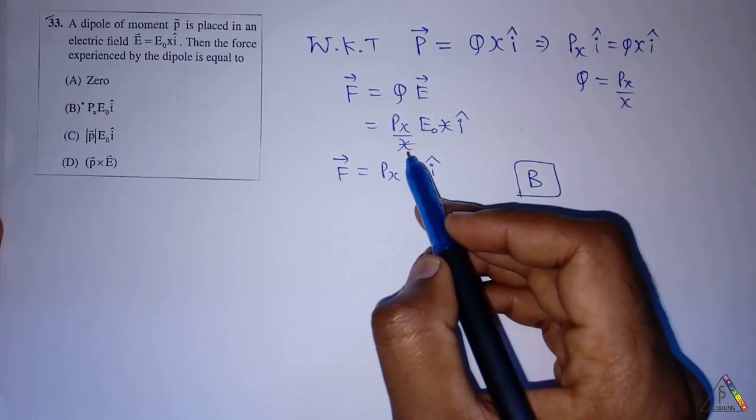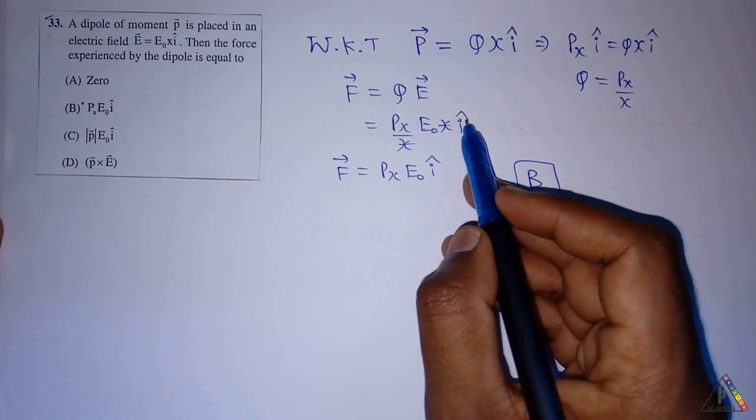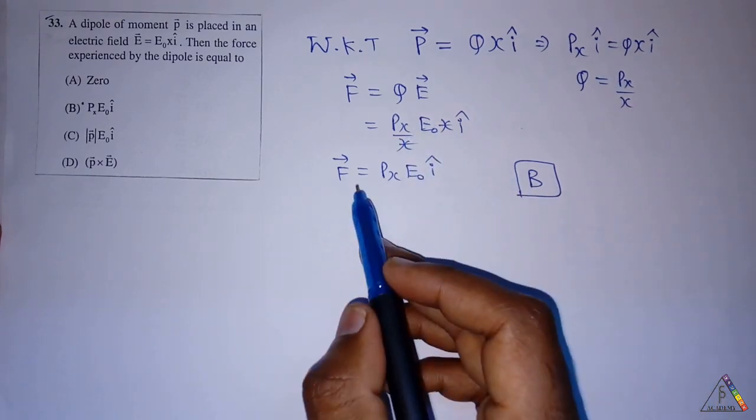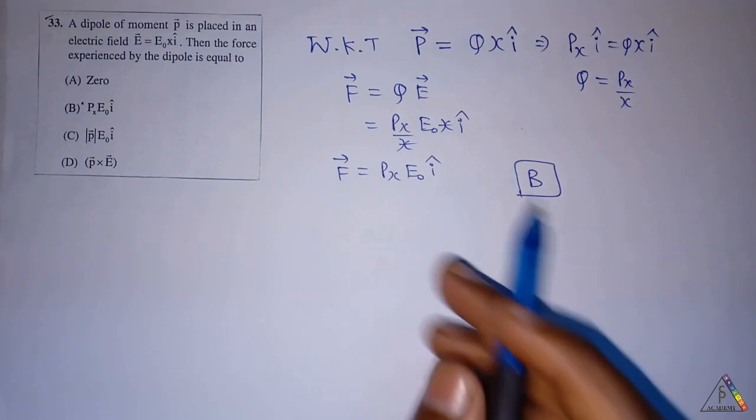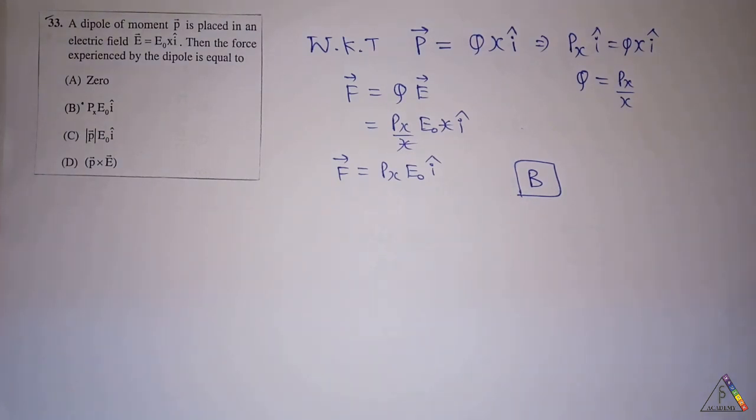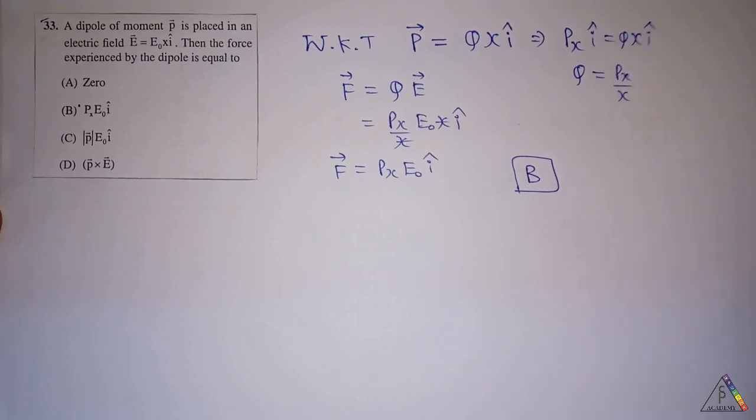We know charge is px by x and electric field is E naught x into i cap, and by simplifying we get the force vector as px E naught into i cap. Therefore, for this question, the answer is B option.